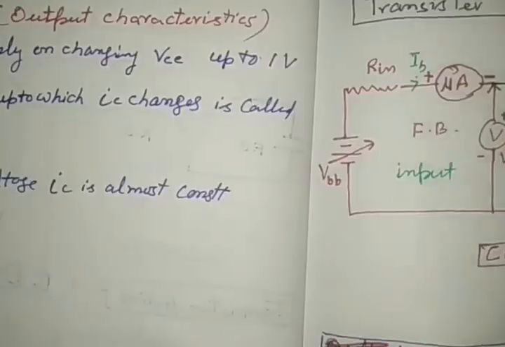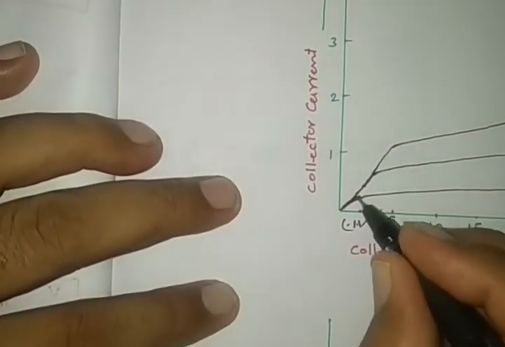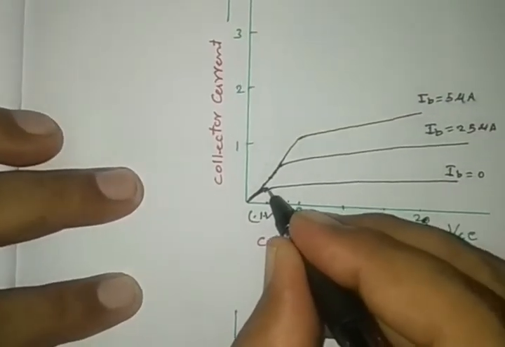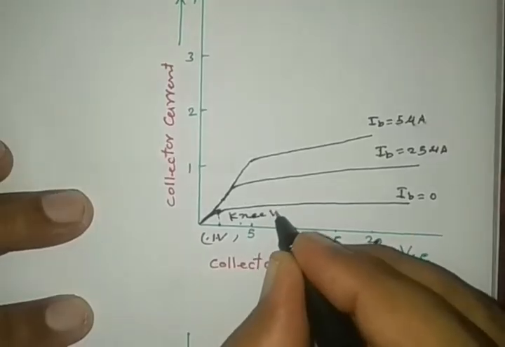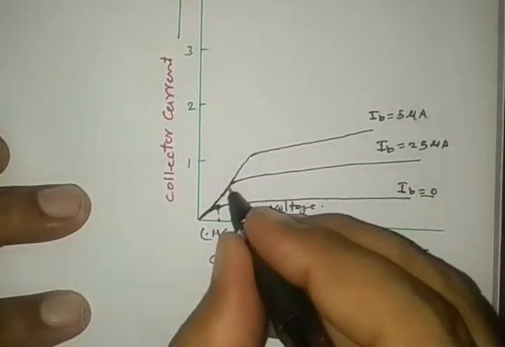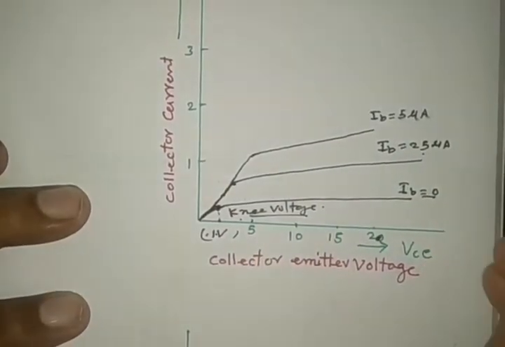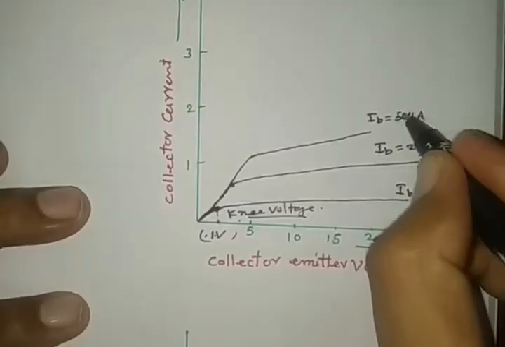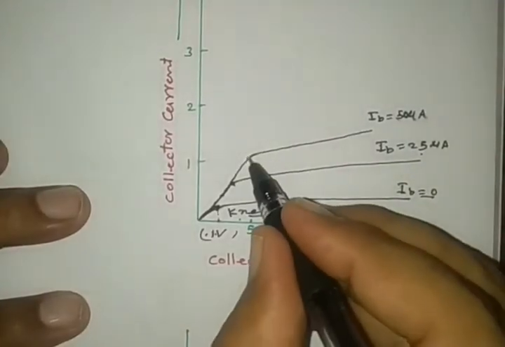What is the knee voltage here? See in the diagram. The voltage here, 0.1, is called the knee voltage at IB equal to 0. This is the knee voltage at 25 microampere input current, and this under 50 microampere.